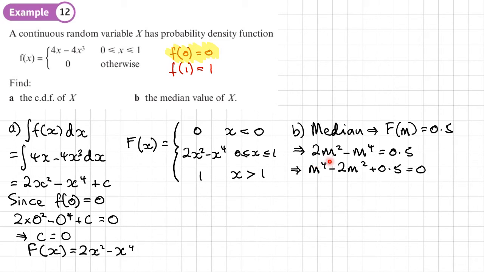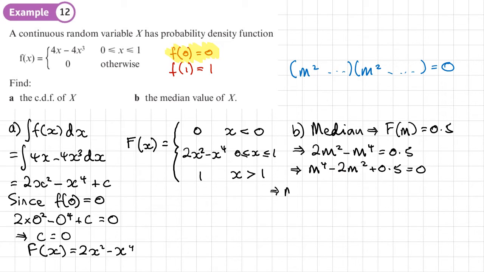If you think of this as a special quadratic, when we use the quadratic equation, it's going to be m squared equals rather than m equals, because if we were able to factorize this, it would have this m squared at the beginning of both brackets, and there'd be some sort of number here. But this can't factorize. We can't find two numbers that multiply to give 0.5 and add to give 2. So I'm going to use the quadratic equation.